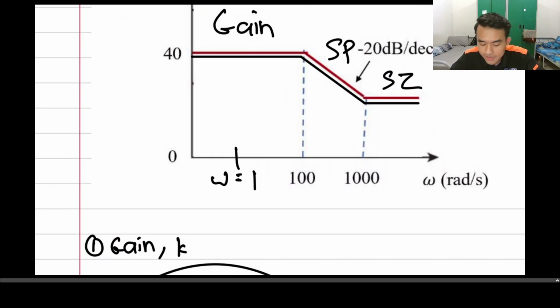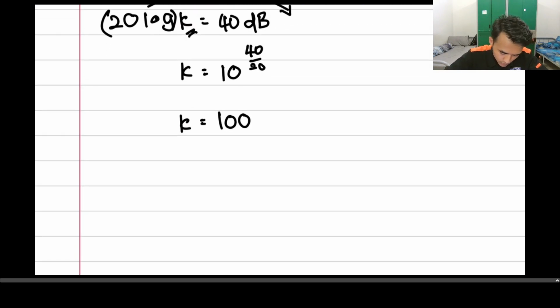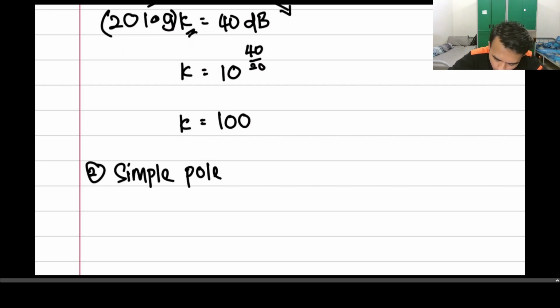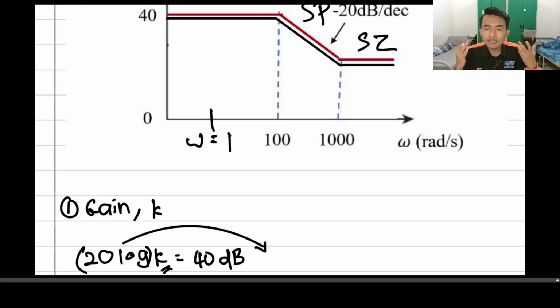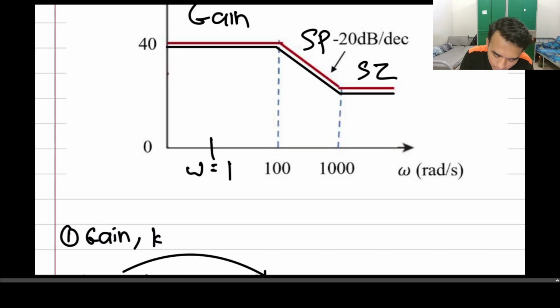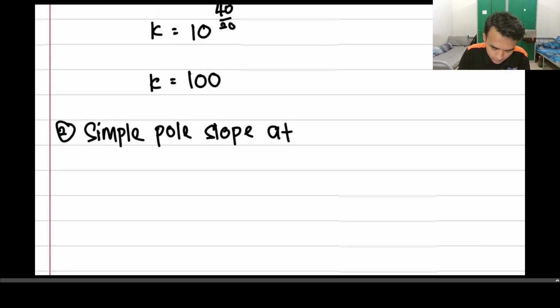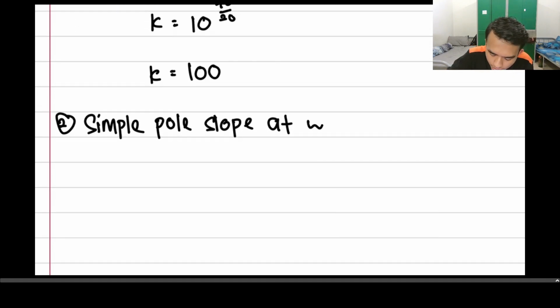The second one is a simple pole slope. We can find the value of omega when the Bode plot starts to become a simple pole, which is at omega 100 radian per second.